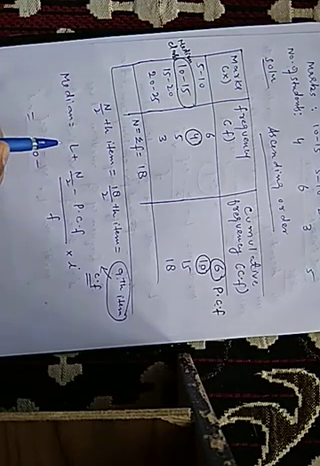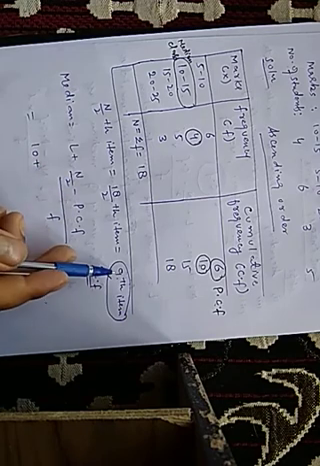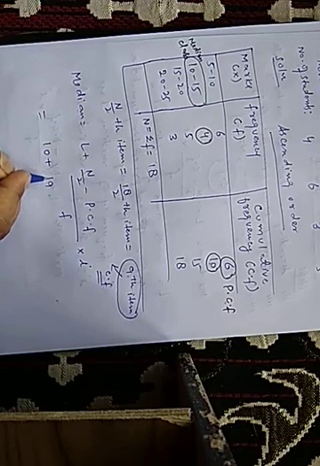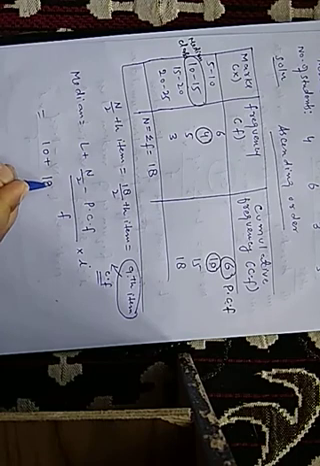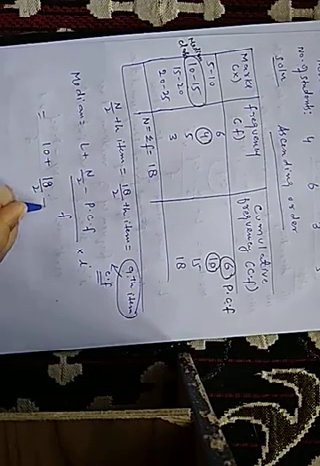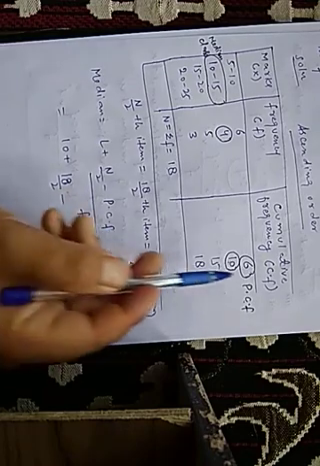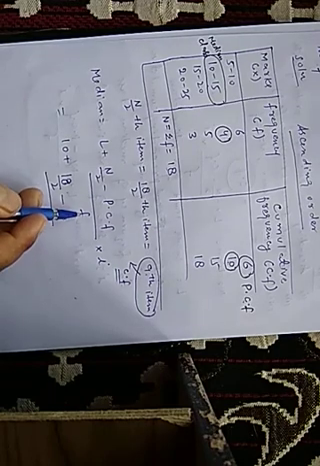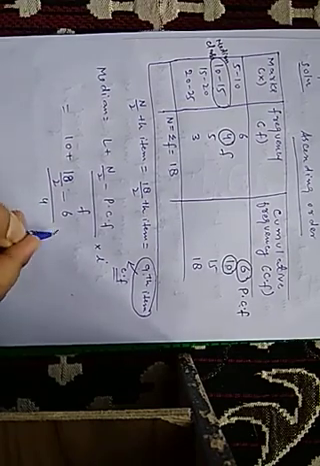We have to write the value of lower limit, plus N divided by 2, which is 18 divided by 2, equal to 9, minus the preceding cumulative frequency, equal to 6, divided by the frequency of the median class, that is equal to 4, multiplied by the size of class interval, that is the difference between lower limit and upper limit.